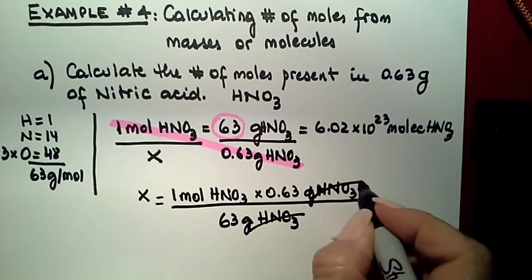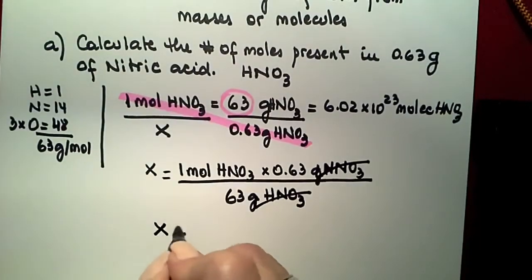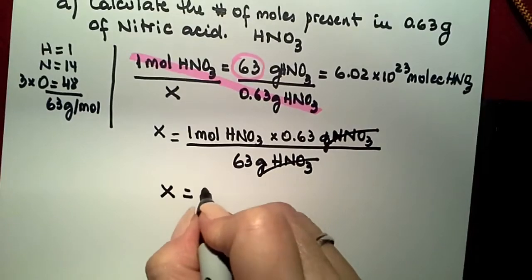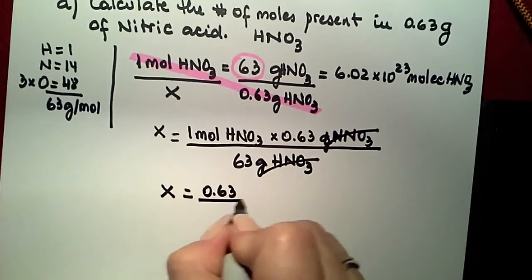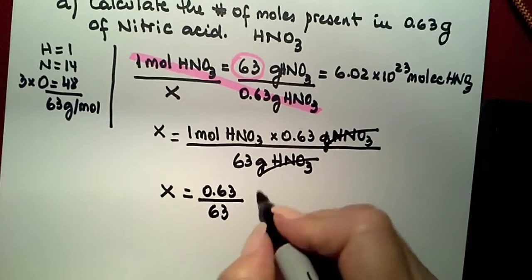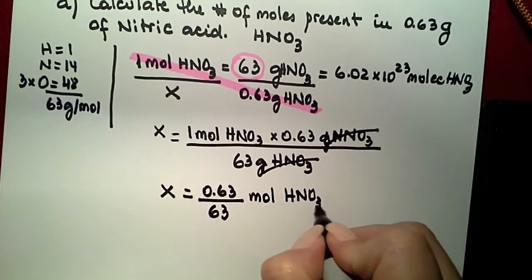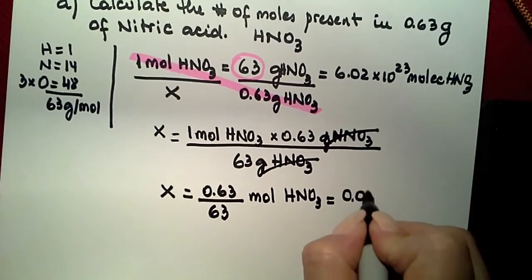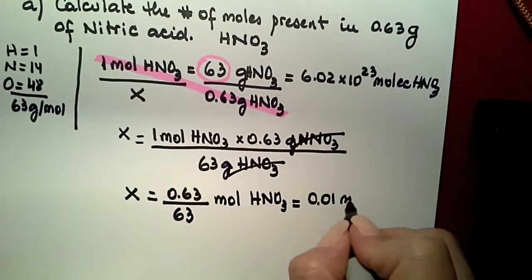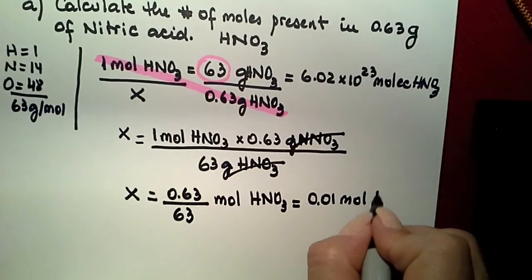Grams go with grams, and X will be 0.63 divided by 63 moles of nitric acid, which is equal to 0.01 mole of nitric acid.